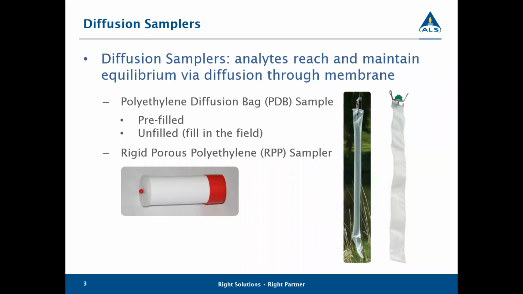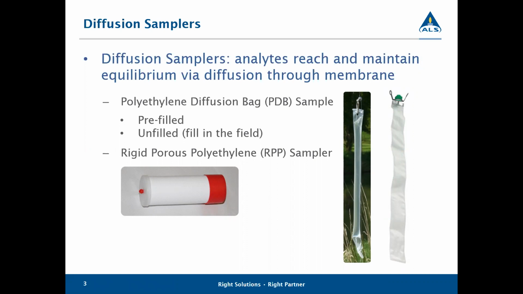On the far right here, this is your passive diffusion bag sampler. We make two different variations of this. On the far right is an unfilled passive diffusion bag, also known as a polyethylene diffusion bag. And directly next to it is your pre-filled passive diffusion bag.